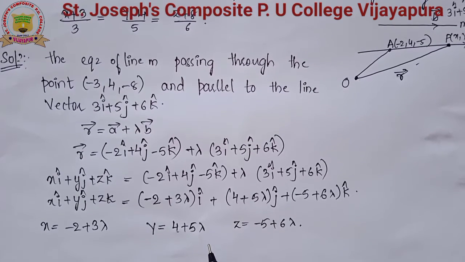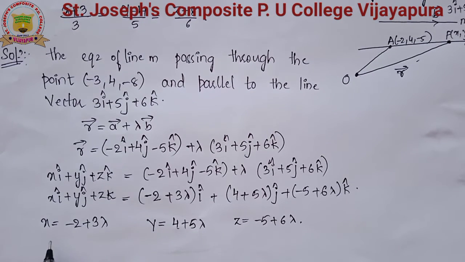Now eliminate the lambda. You will get lambda is equal to (x plus 2) by 3. Here lambda is equal to (y minus 4) by 5 and lambda is equal to (z minus of minus 5), which becomes (z plus 5) by 6. So these are all the values of lambda.